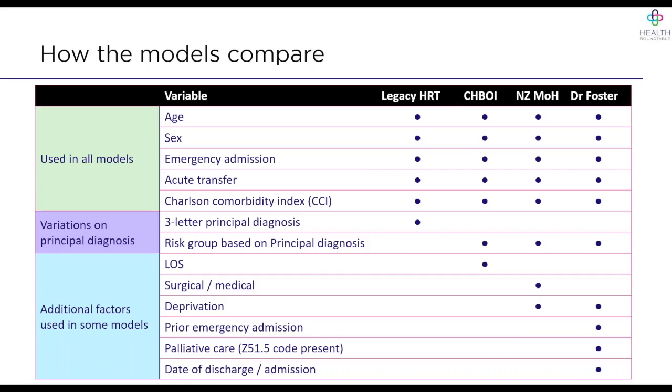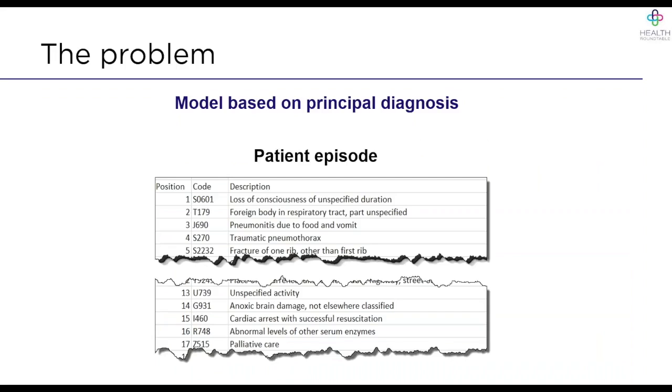Then each of these models has some variation around utilising principal diagnosis. So usually it's a 3-letter principal diagnosis or some risk group based on the principal diagnosis. There are also a bunch of other factors that are used in specific models, all of which I'm not going to discuss today, that apply specifically to a couple of the models.